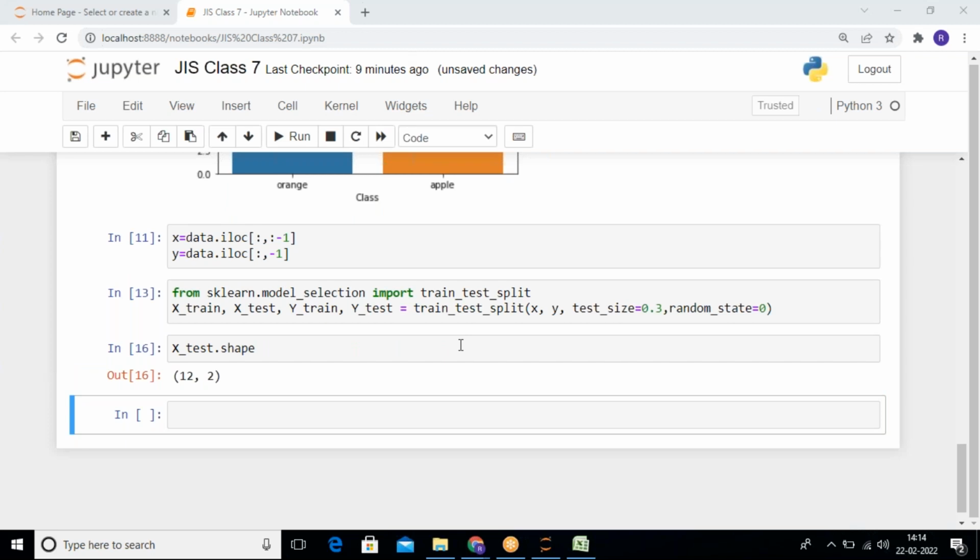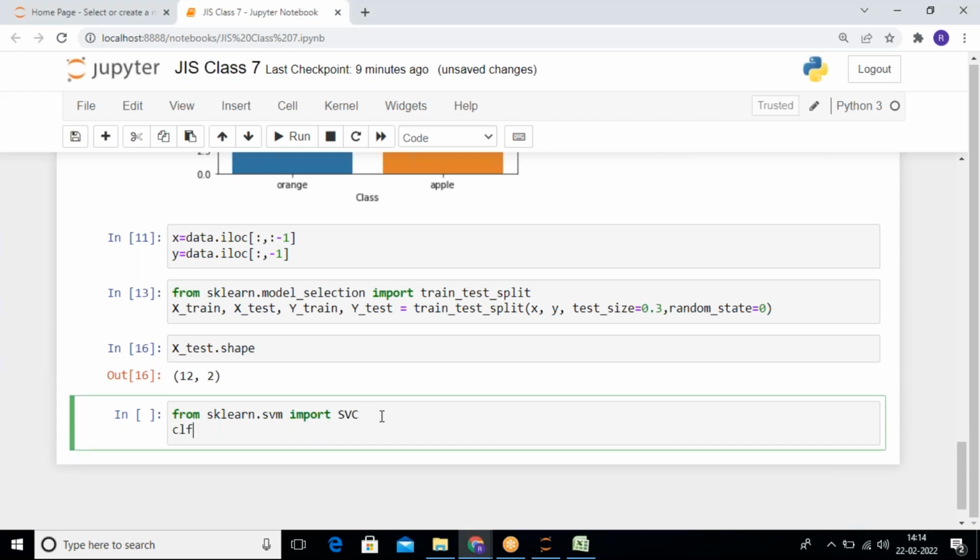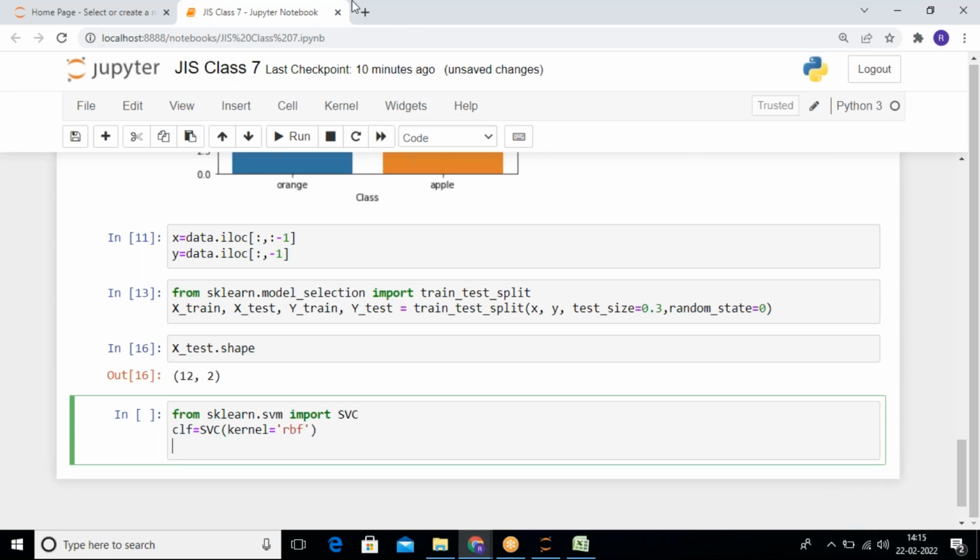Okay. Now this is a non-linear data set, as you can see from the scatter plot. Any doubt? So I have to use RBF. So from sklearn import SVC. clf equal to SVC, kernel equal to rbf, radial basis function.